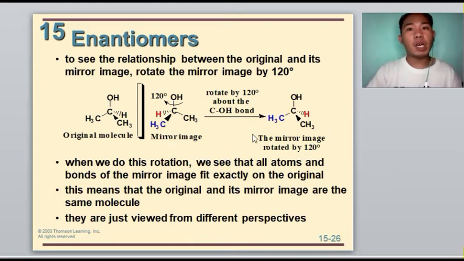After performing this rotation, we see that all atoms and bonds of the mirror image fit exactly on the original. Thus, the structure we first drew for the original molecule and its mirror image are in fact the same molecule, just viewed from different perspectives.